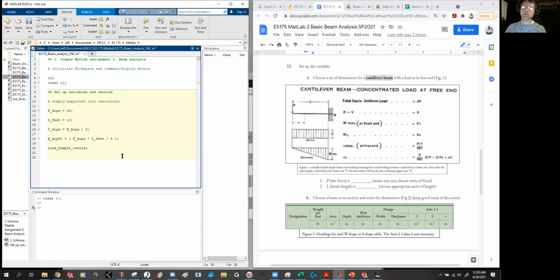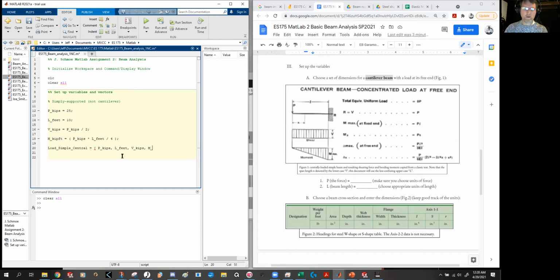So your variable is going to be something different than mine. So load simple central equals, and then I'm going to open up a bracket here, P underscore kips, L underscore feet, the underscore kips. And if you want to use different units, be my guest.